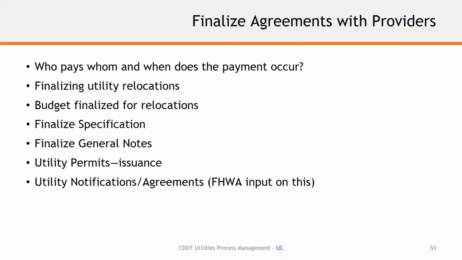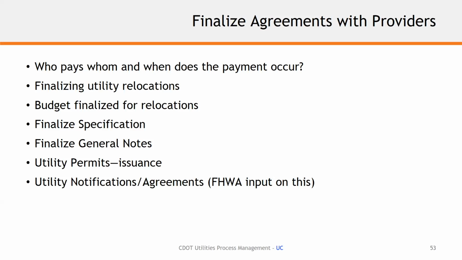So as we approach the end of our 30 to 90% phase, we're finalizing these agreements with the providers. We've worked through early on in the work plan, we've identified who pays, and when payment occurs is something that we start to look at as far as budgeting and utility phase budgeting, because it may be that there's an early relocation, we have this early agreement that we need to execute.